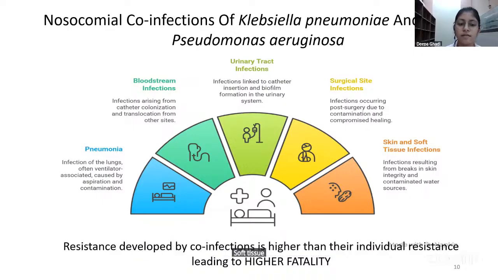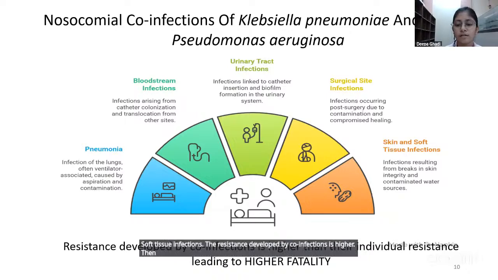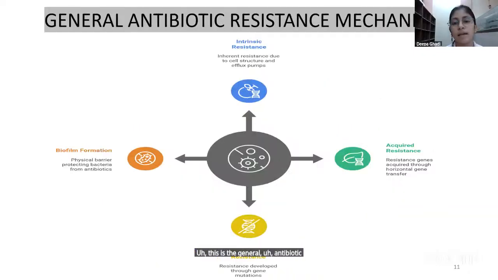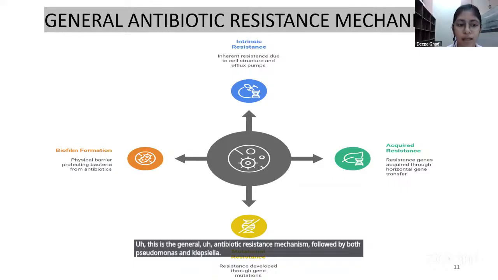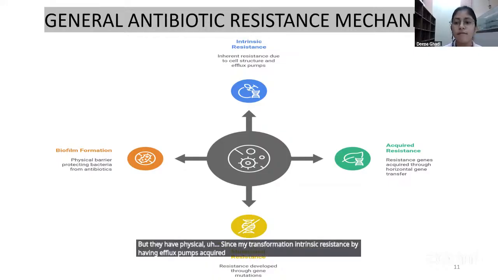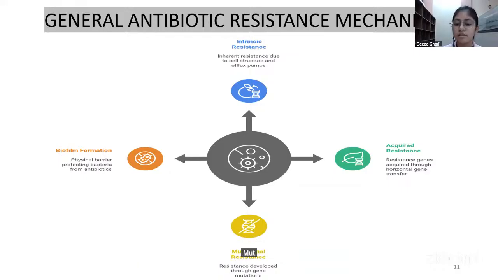The resistance developed by co-infections is higher than that of their individual resistance, which can again lead to higher fatality. This is the general antibiotic resistance mechanism followed by both Pseudomonas and Klebsiella. They have physical resistance by biofilm formation, intrinsic resistance by having efflux pumps, acquired resistance by horizontal gene transfer, and mutational resistance by gene mutation.